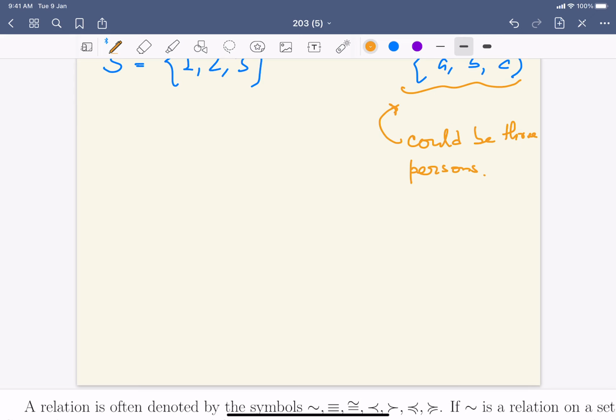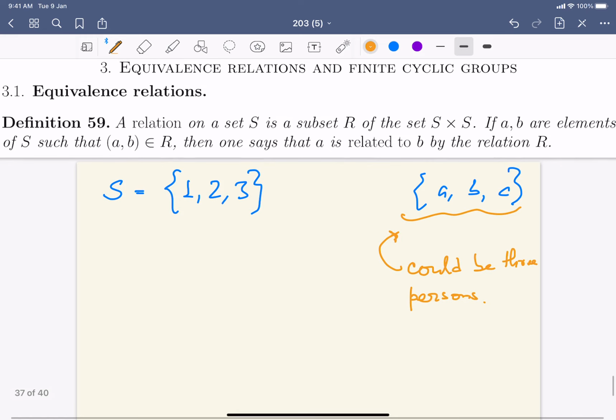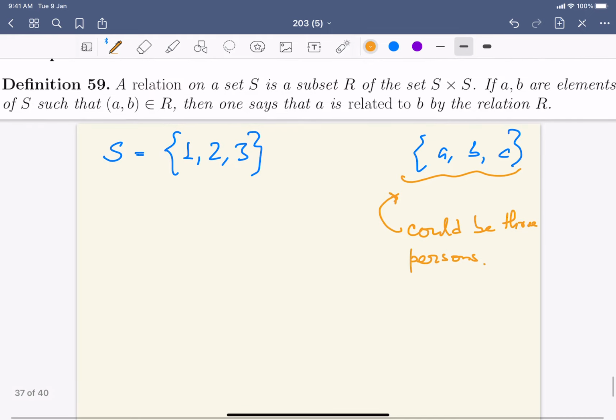I'm just trying to think of a few nice examples that can illustrate this notion of relation and some of the further specific relations that we will be learning in a moment.